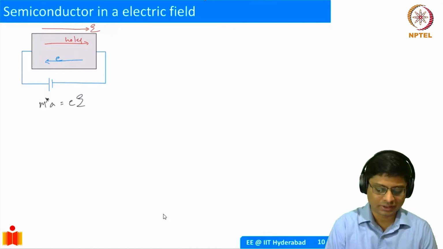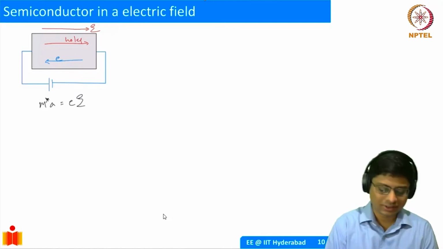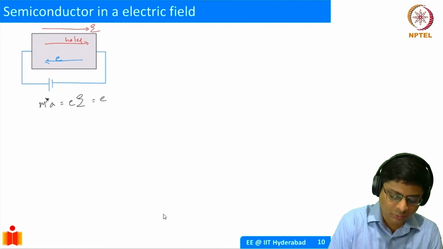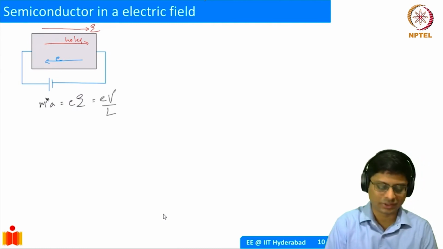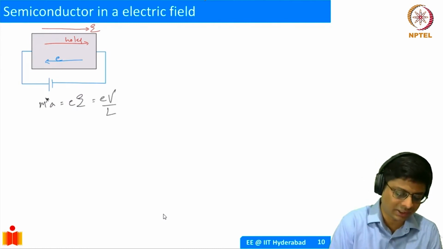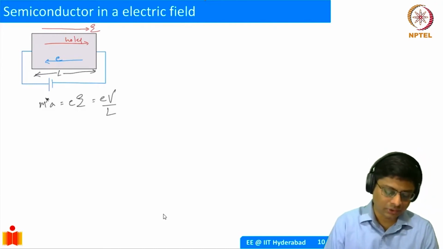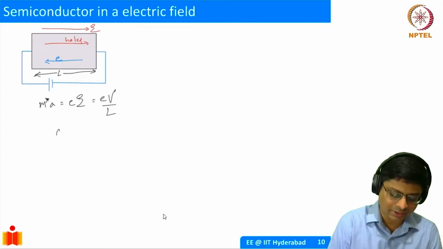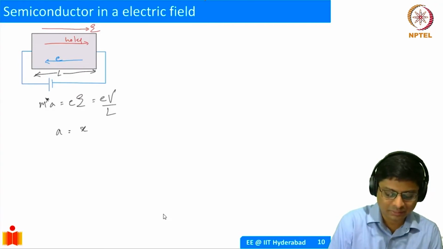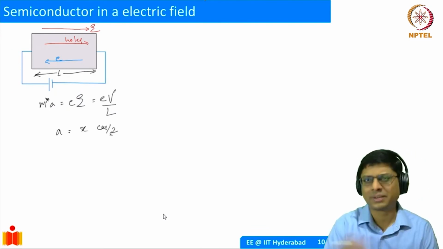And what is the electric field? It's simply going to be whatever voltage you apply divided by the length of this piece of semiconductor. If I call this L, this is going to be V over L, right? So you can find out what a is going to be, some x centimeter per second square. Right? This is going to be some acceleration.